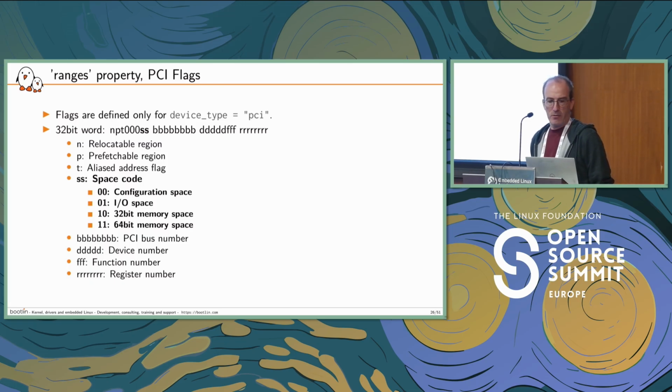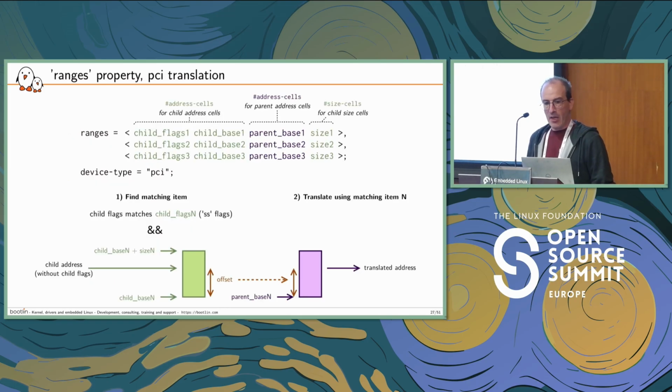So we can define config space, IO space, and the memory space, either 32 or 64 bits. So in the PCI translation, we have to find a matching item where both rules are true.